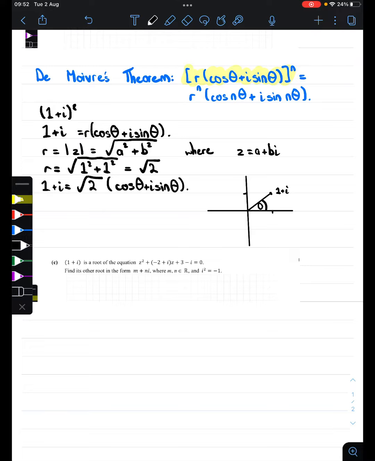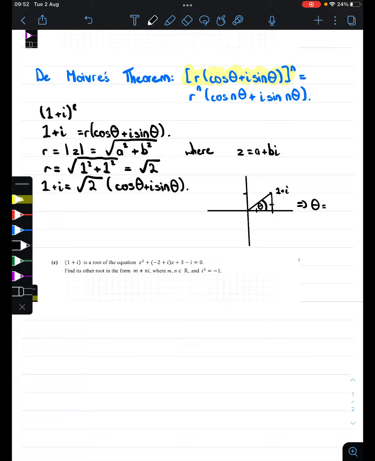So this is our theta. Okay, and now since the height is equal to the width, theta is just a 45-degree angle.